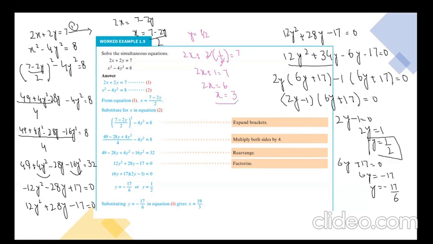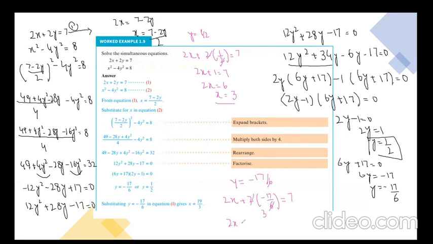Okay. And in the second equation, putting the value of y equals to minus 17 by 6. So it's 2x plus 2 into minus 17 by 6 equals to 7. This must be 3.